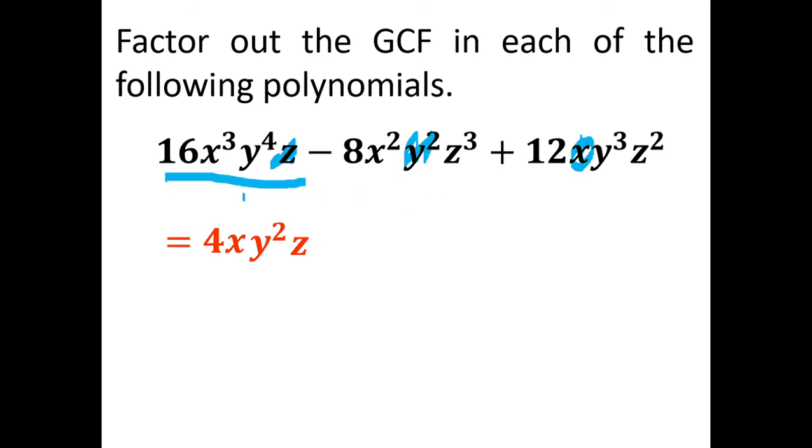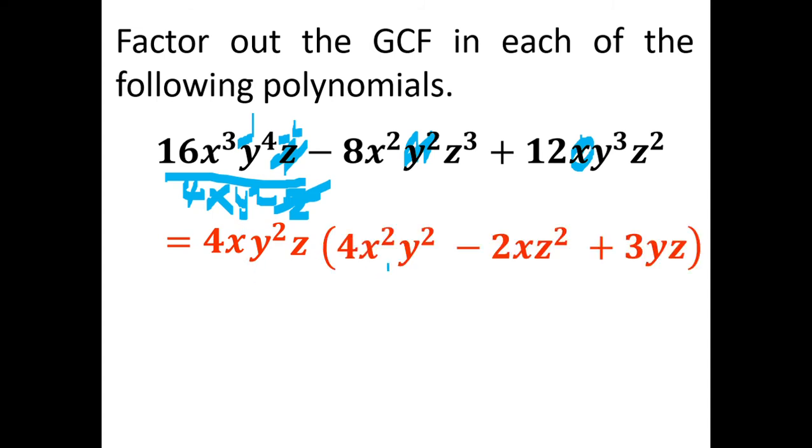Kapag dinivide natin dito yon ng 4x, y squared, and z, cancel ang z. So, 4 minus 2 is 2. And then, 3 minus 1 is, hindi pala, dito pala yan. So, we have 4x squared, y squared. Kasi 16 over 4 is 4.